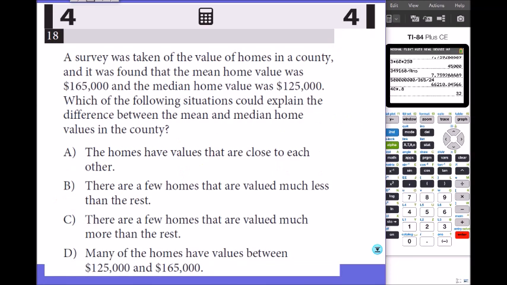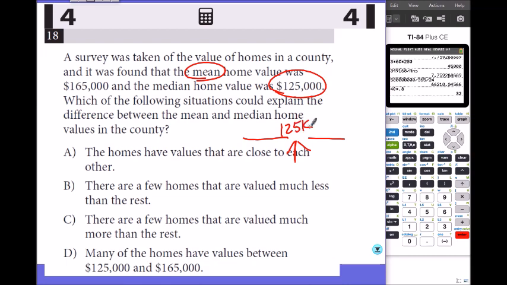18. A survey was taken of the value of homes in the county, and it was found that the mean, which is the average, where you add them up and divide by total numbers, was $665,000, and the median, the middle number, was less than that. So the median was 125K, where the average was 165.